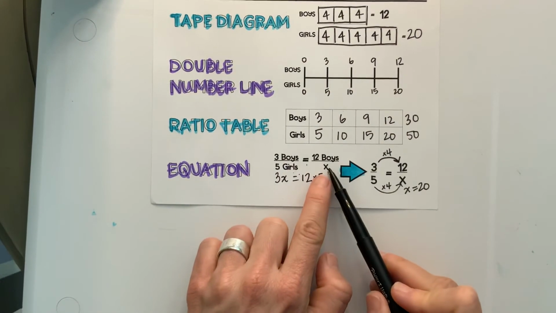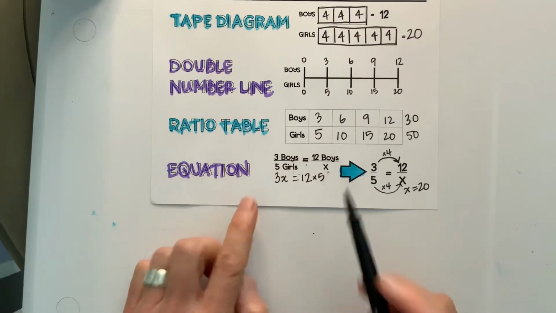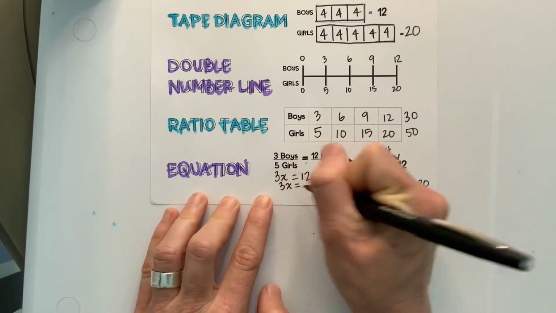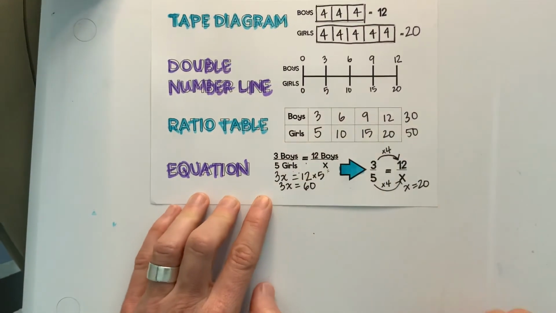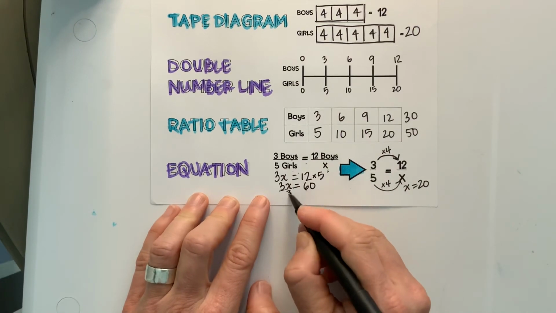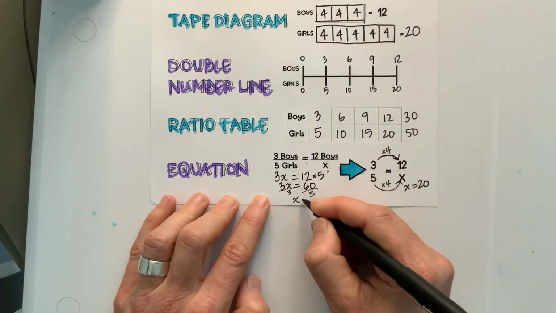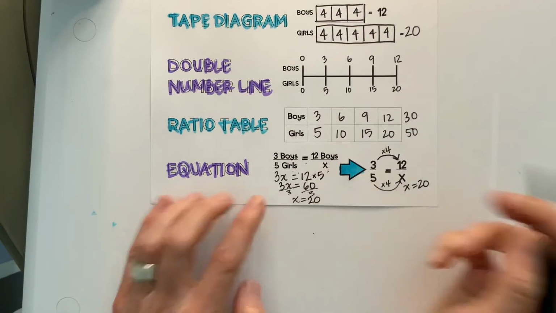So you've multiplied this by that and this by that. And now you simplify. 3x equals 60. And then I'm going to divide each side by 3, divide each side by 3, and x equals 20.